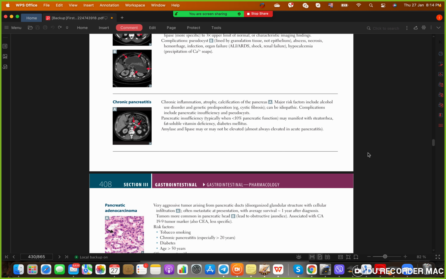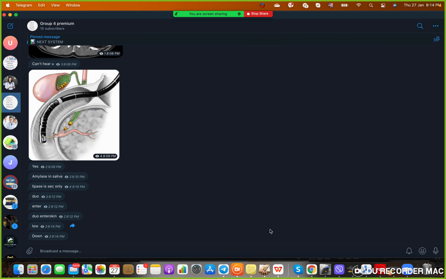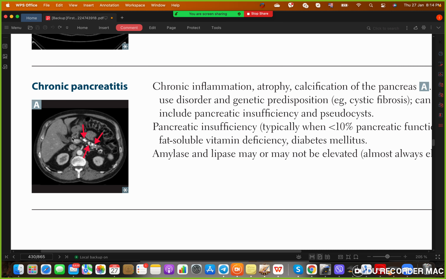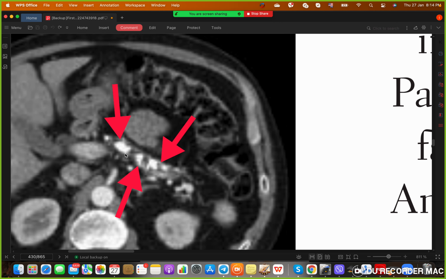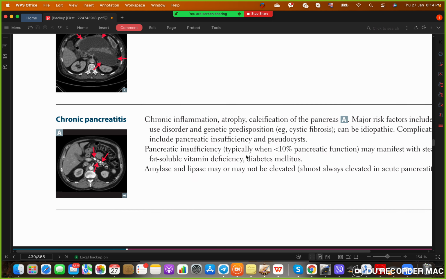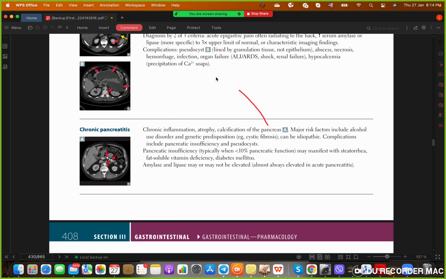Now, chronic pancreatitis. In cases of chronic pancreatitis, obviously, it's a chronic inflammatory condition. The pancreas will become super small and it will have these little whitish dots. Anytime you see the little whitish dots here, this is calcification of the pancreas, and it's a pathognomonic sign of chronic pancreatitis.